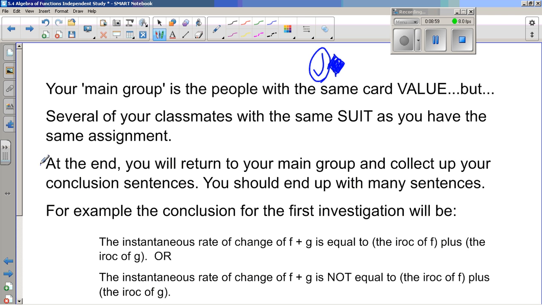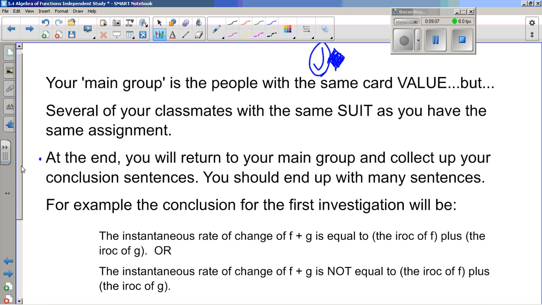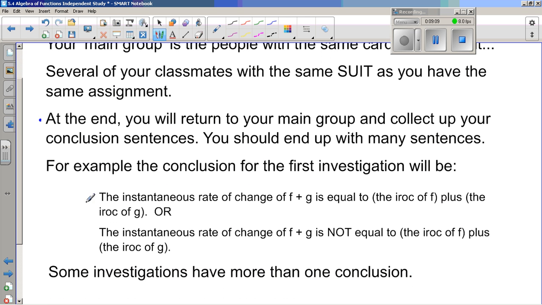At the end, you'll return to your main group and collect up your conclusion sentences. So all this work you'll do on a separate piece of paper, and then your group will have all the work together, but you really just are interested in the conclusions. So, for example, for the very first investigation, you're supposed to see whether the instantaneous rate of change of the sum of two functions is equal to the instantaneous rate of change plus the instantaneous rate of change of the other one.